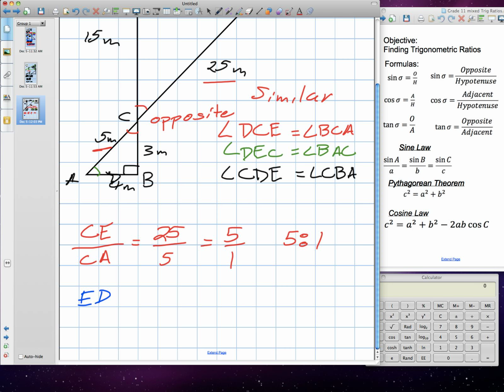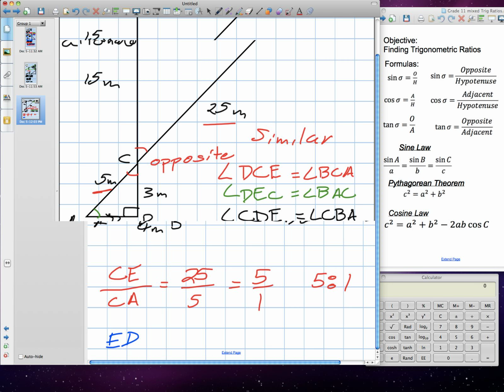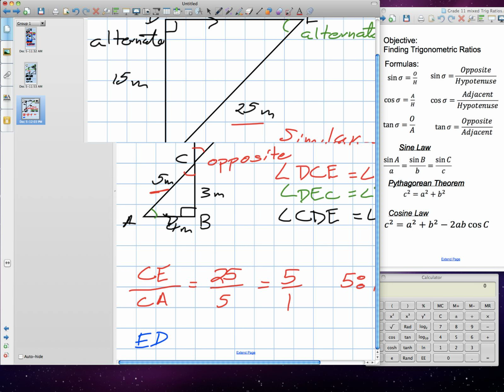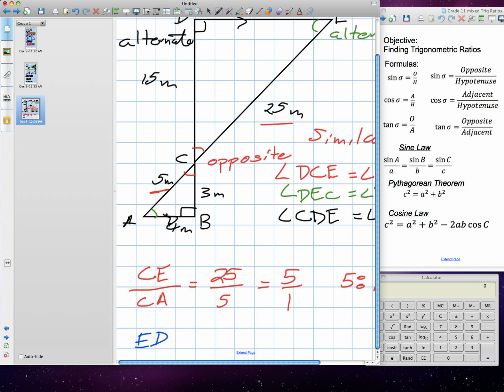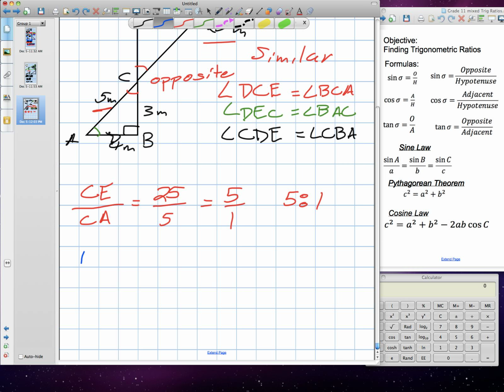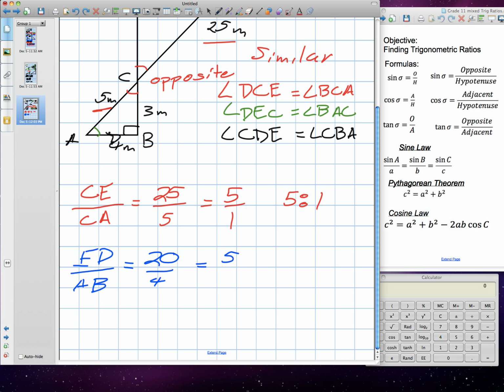So we had CE. Let's do ED divided by, we were using side ED, AB, which is a ratio of 20 divided by 4.